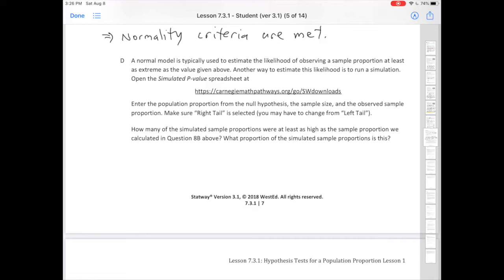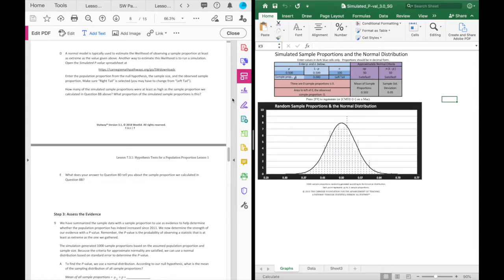A normal model is typically used to estimate the likelihood of observing a sample proportion at least as extreme as the value given above. Another way to estimate this likelihood is to run a simulation. Open the simulated p-value spreadsheet, and we're going to do this right now. So I'm going to cut to a screen share so you can see what I'm doing.